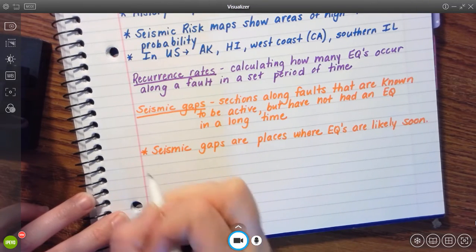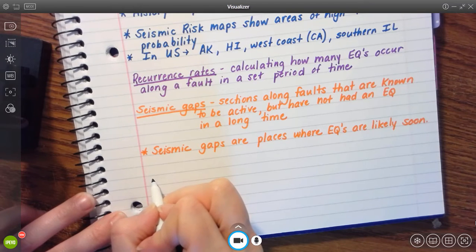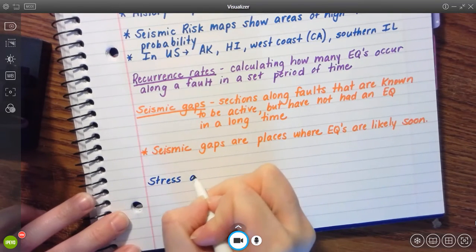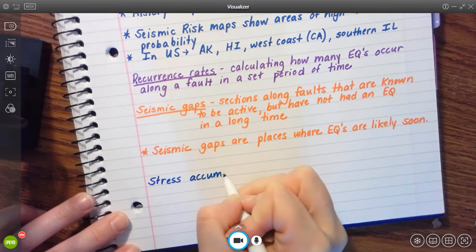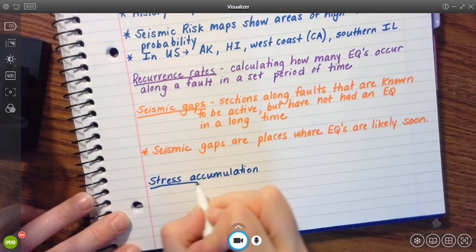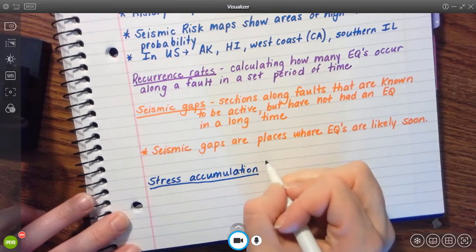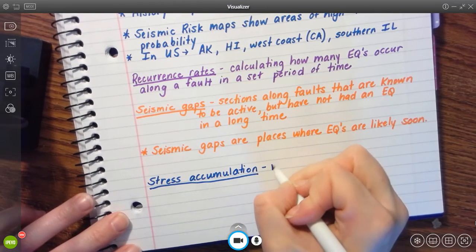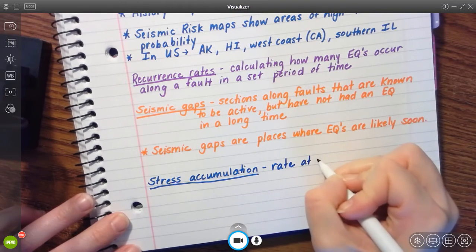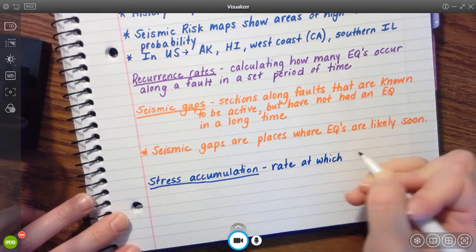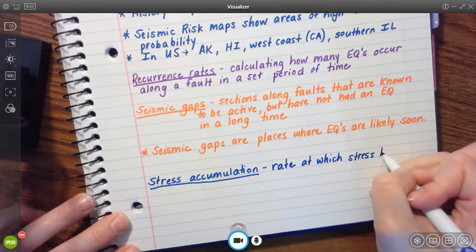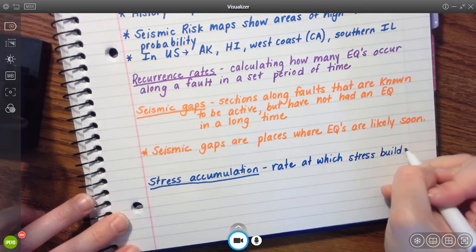All right, the last thing that we take into account with earthquake forecasting is stress accumulation. So by measuring how the rocks are moving, we can determine the rate at which stress builds up.